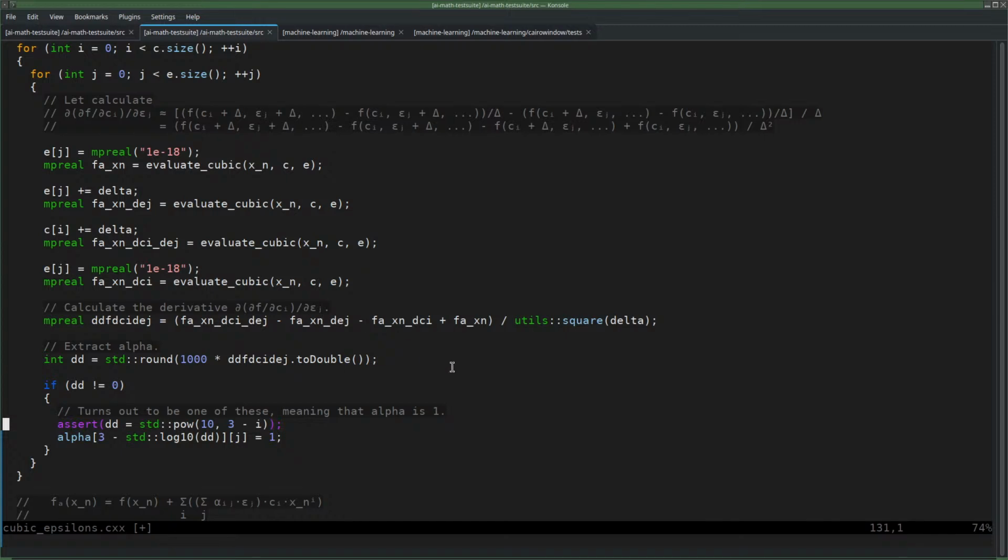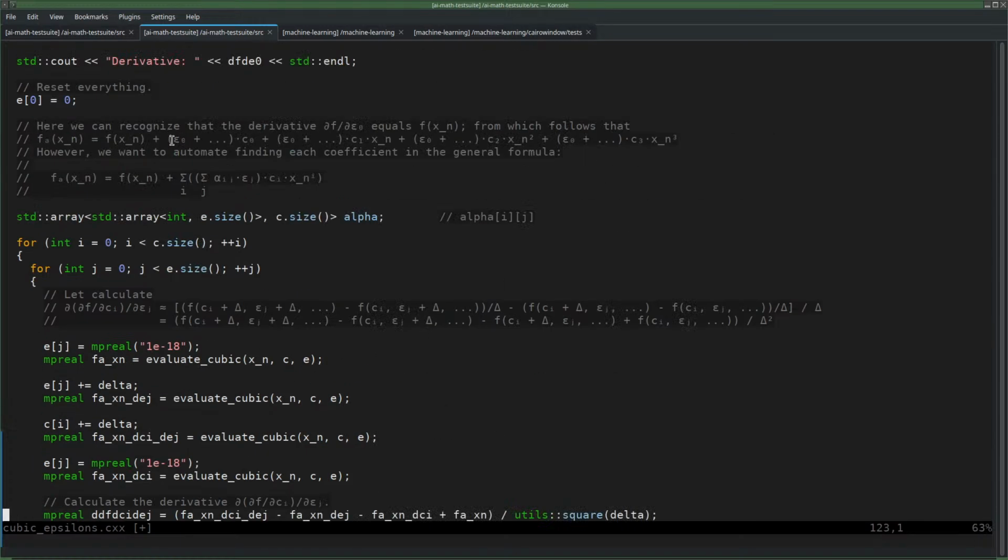Now, if this formula is correct, then the partial derivative with respect to C2 must be something times 0.1 squared.